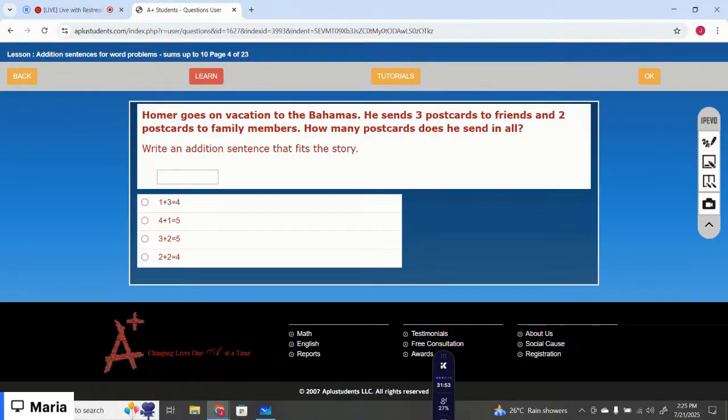Homer goes on vacation to the Bahamas. He sent three postcards to friends and two postcards to family members. How many postcards does he send in all? So, which is the correct option?